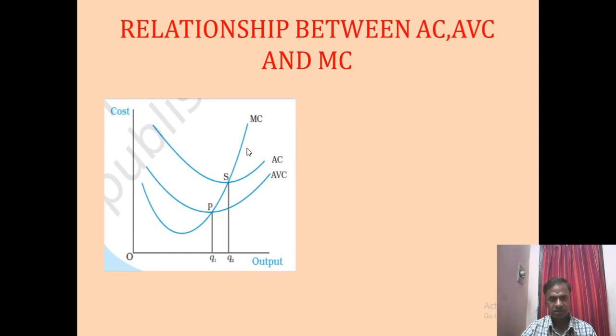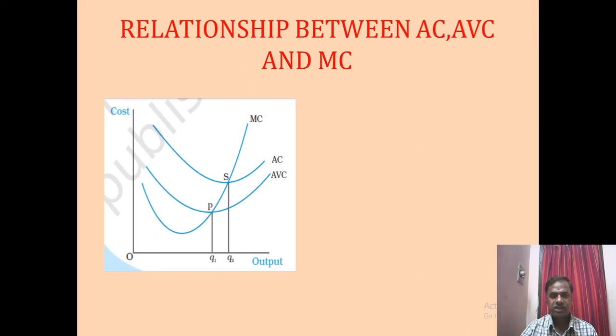The first relation is all the three cost curves are U-shaped. The second one is the MC cuts AC and AVC at its minimum point. The third one, when MC is below AC and AVC, AC is also falling, AVC is also falling.